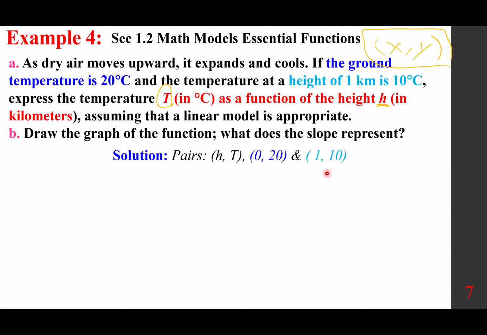As you know, the slope is y sub 2 minus y sub 1 over x sub 2 minus x sub 1. So I'm going to write this first. And using this pair would be t sub 2 minus t sub 1 over h sub 2 minus h sub 1. So I want you to see how we arrive at this.